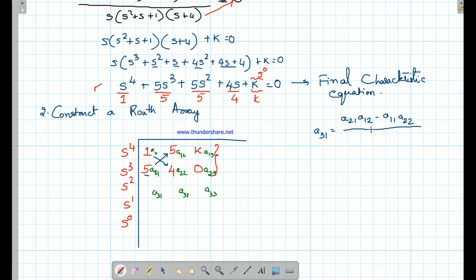So that is the RH criteria formula that we use to find the first element of the third row in the first column.